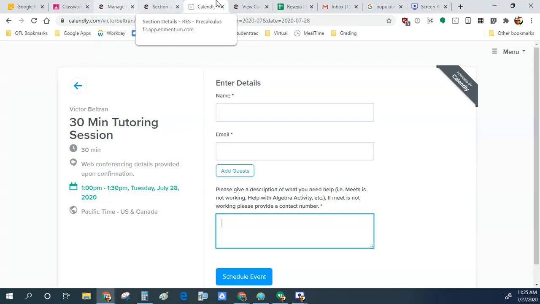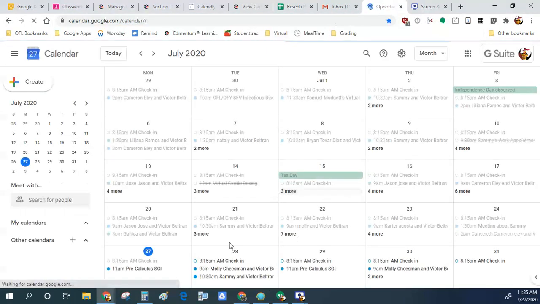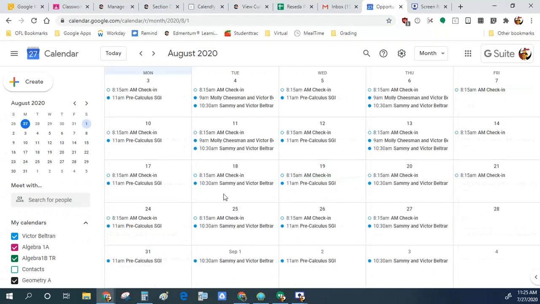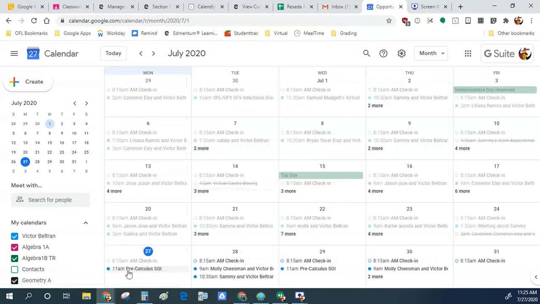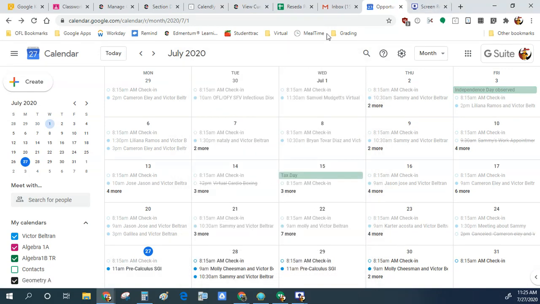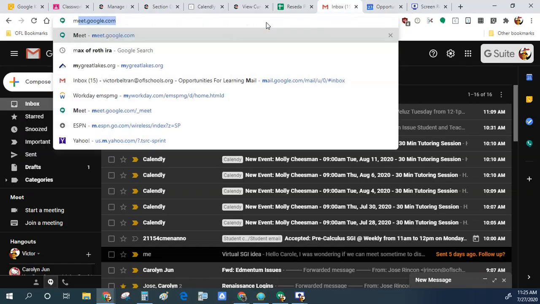What'll happen is you'll receive an email, but more importantly, you'll receive a Google invite that'll show you who's participating. It will just be you, and then you can click the Google Meet, or you can just go to meet.google.com. I don't know if you guys have ever done that.